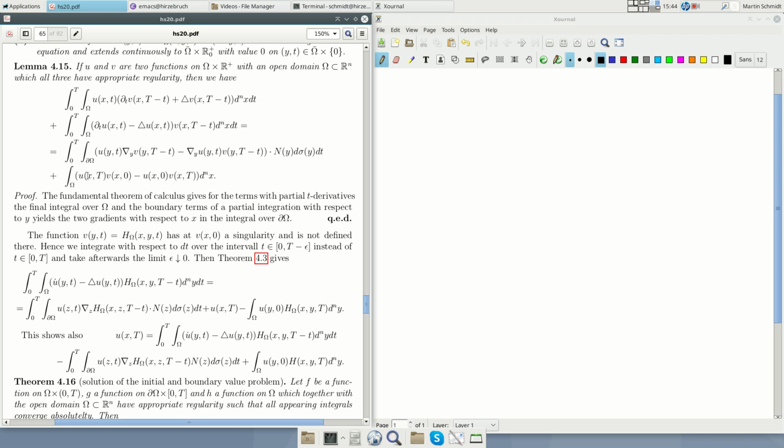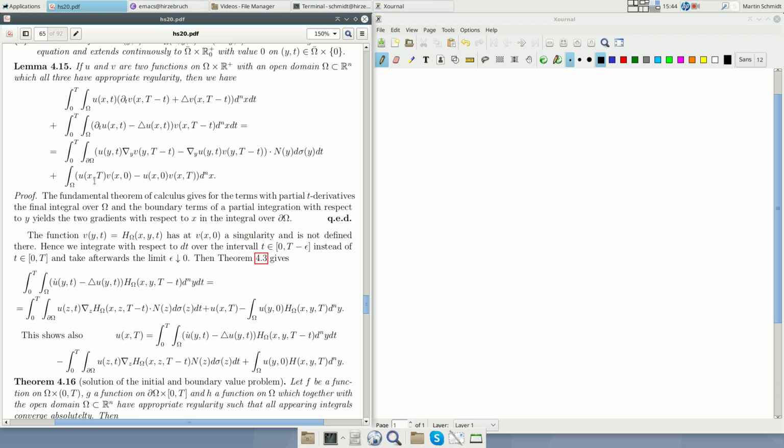Then we get here v(x, epsilon) times u(x, T minus epsilon), and this term is the same.